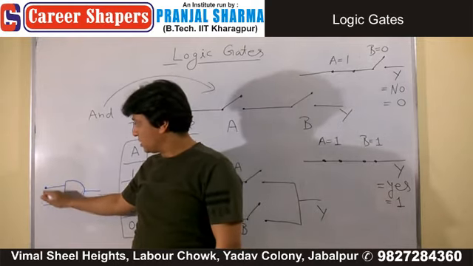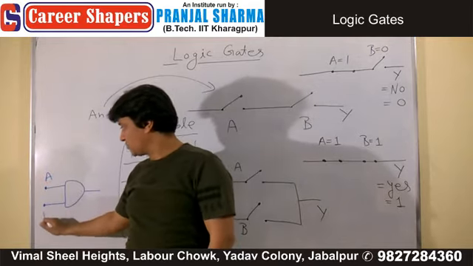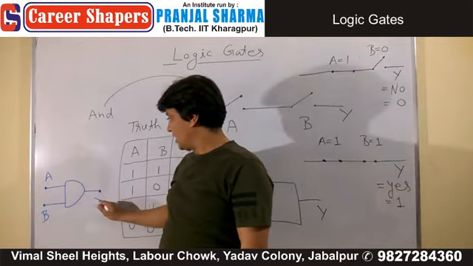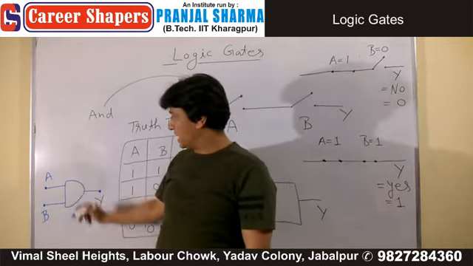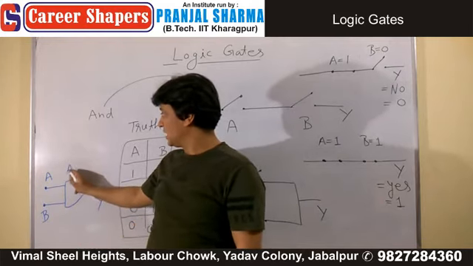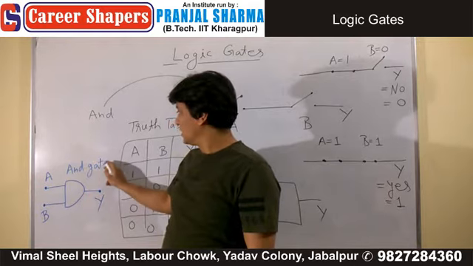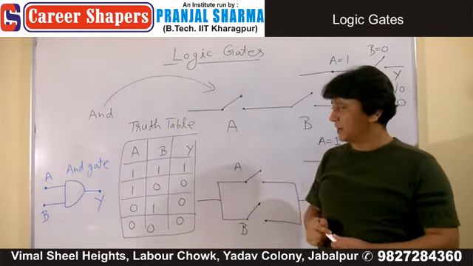At this point, input is A, at this point, input is B, and you receive your output Y over here. This gate is your AND gate. And this is the truth table for AND gate.